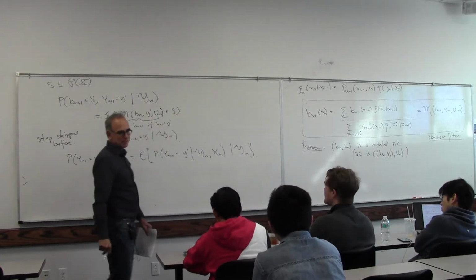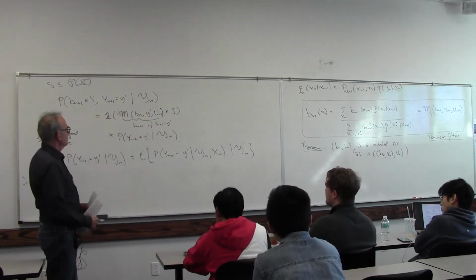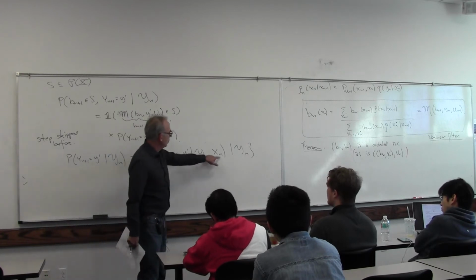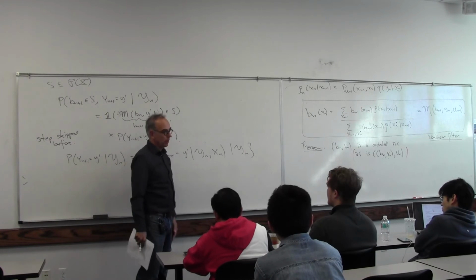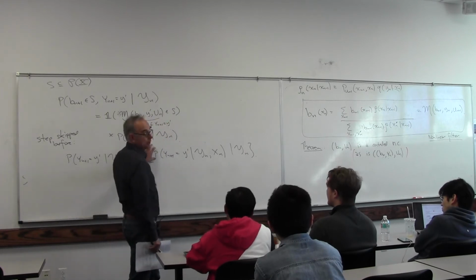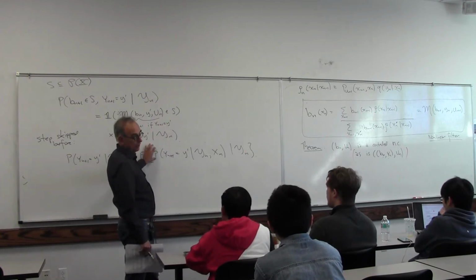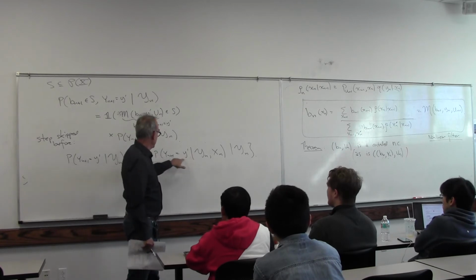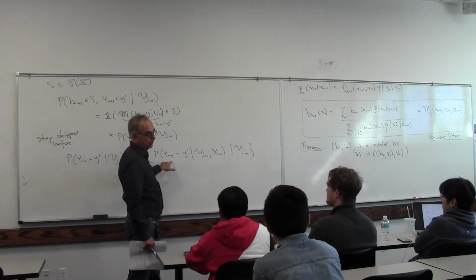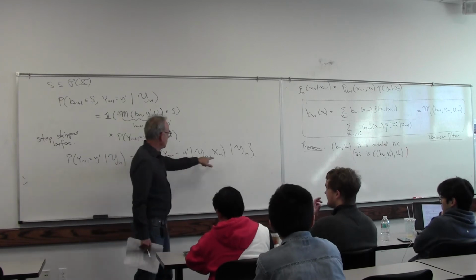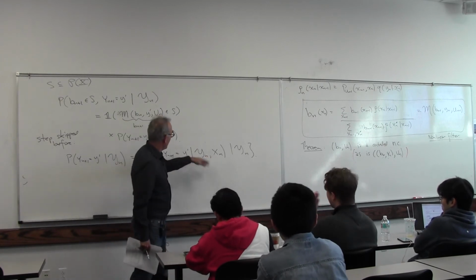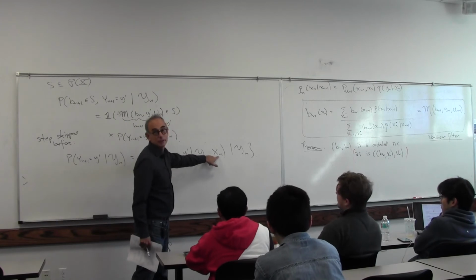Okay, sorry for being lazy, but what you do is you stick in more information and then you condition that away. Again, it's the Tower property. It's the fact that a conditional probability is just a conditional expectation of an indicator function of this quantity. And then you know how to do that because Yn is irrelevant if you know Xn.